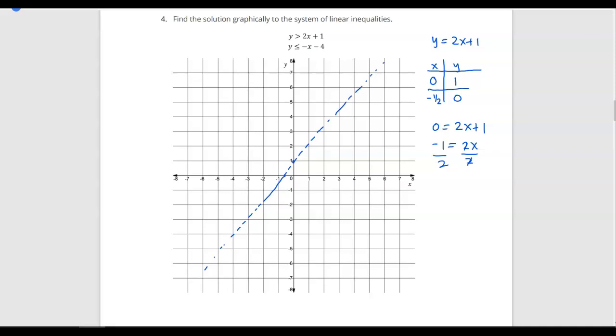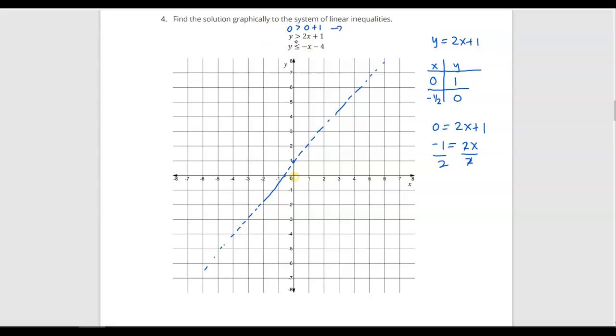All right, and next is to shade the region that satisfies that inequality. So you do that by getting a representative point. As I mentioned, I always like to use the origin as my representative point. So the origin is my representative point. I'll go back, I'll plug in that 0, 0 to the given inequality here. So we have 0 less than 0 plus 1.